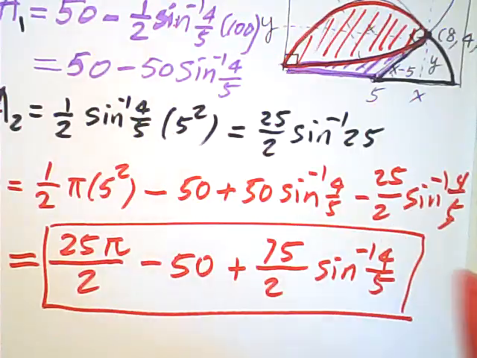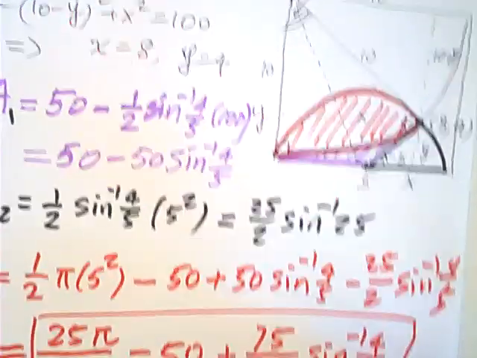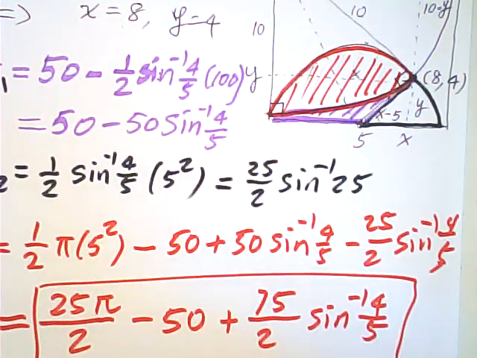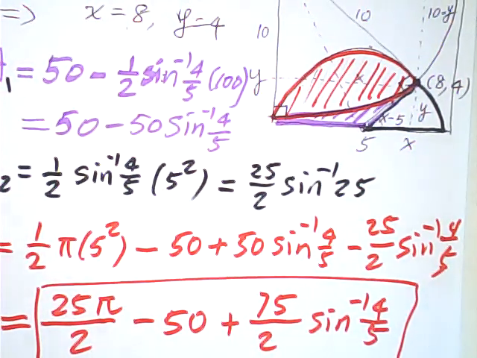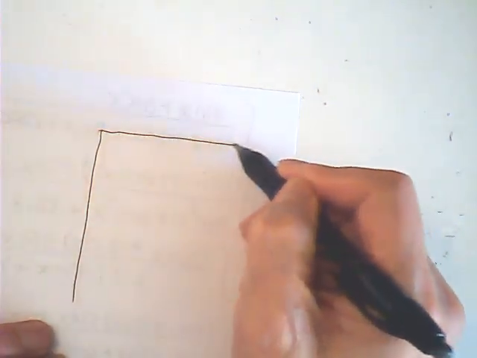Now let me do the second method, which is using the calculus. Okay, let me start from the beginning. This is the square.